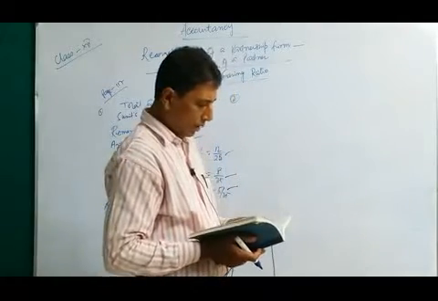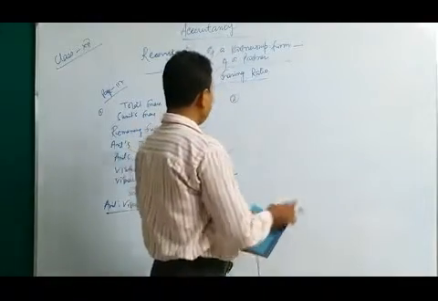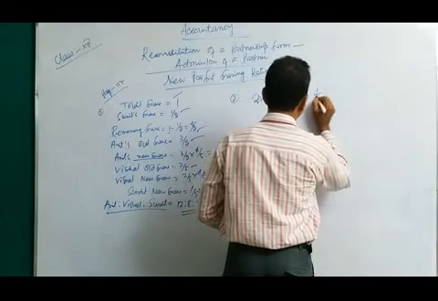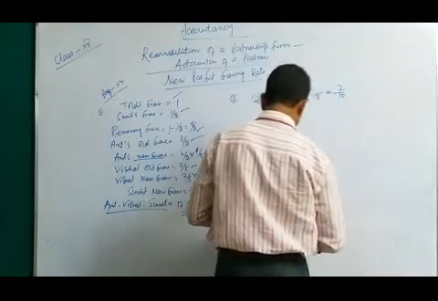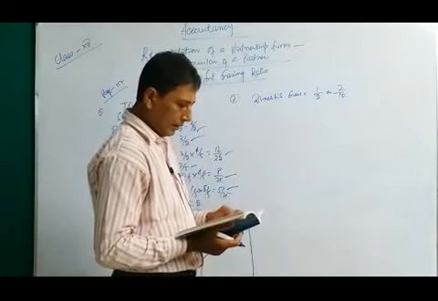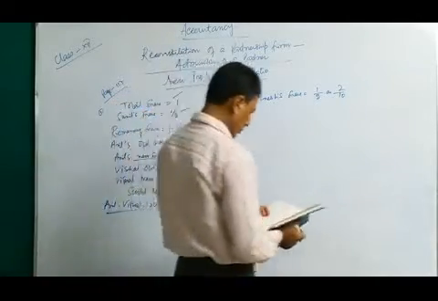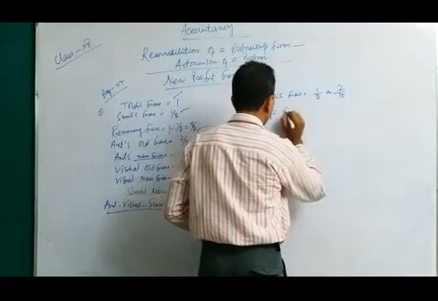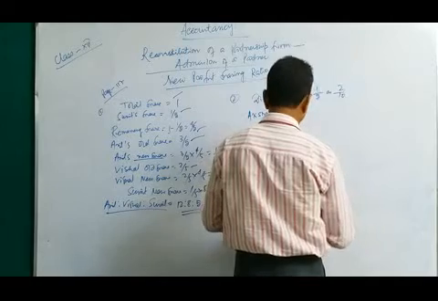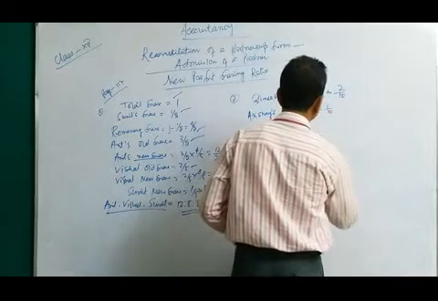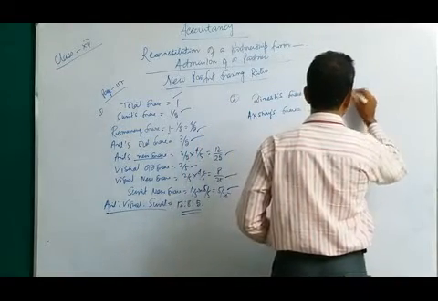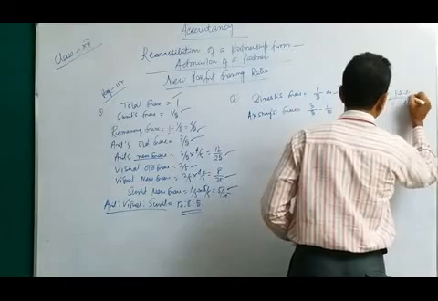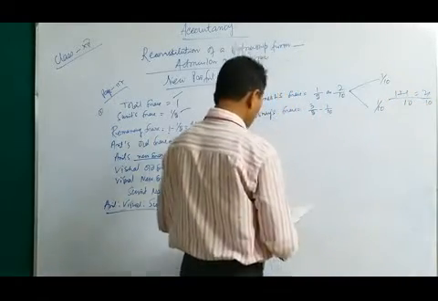He gets it equally from Akshay and Bharati, so 2/10 is distributed equally, 1/10 and 1/10. Akshay's share is 3/5 minus 1/10.